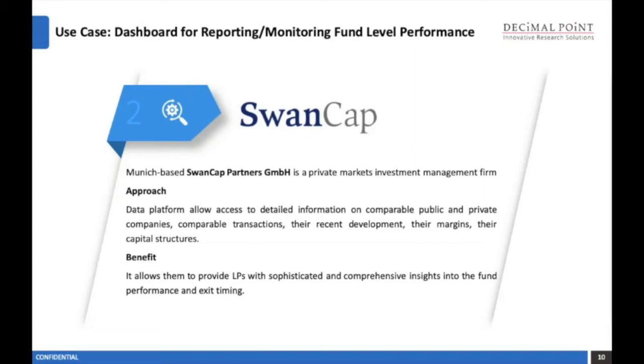What they've done is create a data platform that captures different sets of data, allowing them to get a sense of the value of the portfolio efficiently by comparing various operational and financial metrics that stretch across not only private companies but also public companies for its analysis. And this platform also allows SwanCap Partners to share such details quite seamlessly with their LPs.